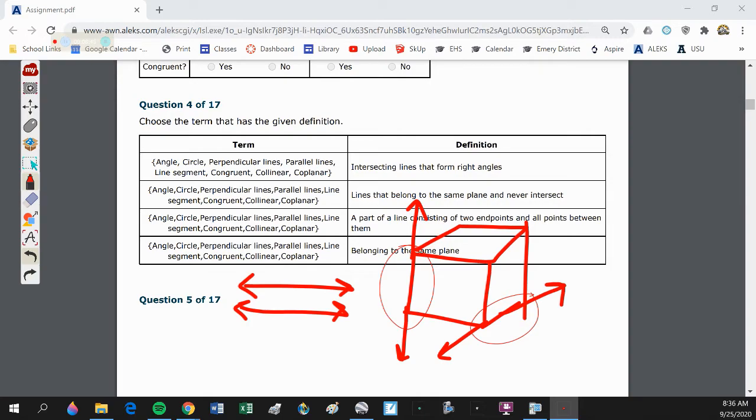But there are lines that don't touch, but they don't remain the same distance apart. We call those lines skew. Skew lines. So if the lines can be drawn on the same piece of paper and they don't touch, we call them parallel. If they're not on the same piece of paper and they don't touch, we call them skew.